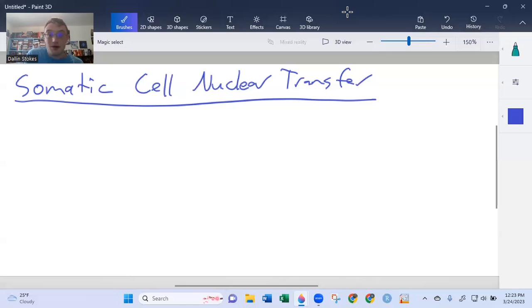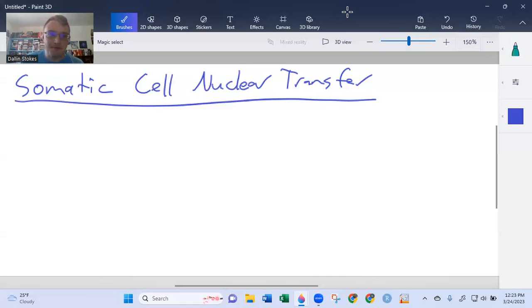Artificial embryo twinning wouldn't work because Jango Fett's an adult, so he's not an embryo. You can't split him to make more soldiers. You have to find a way to clone an adult human being. So if we were going to try and clone an adult of me, we need to use somatic cell nuclear transfer.